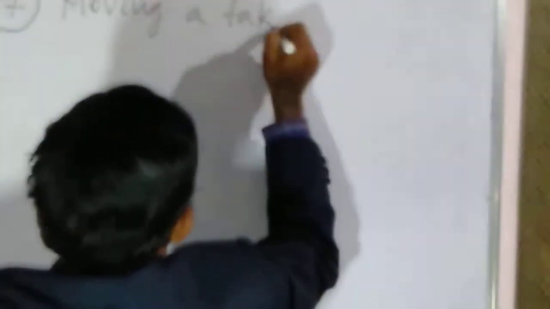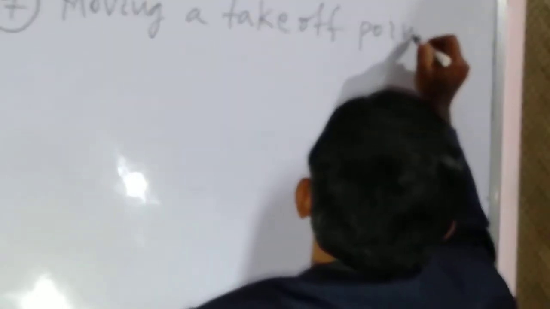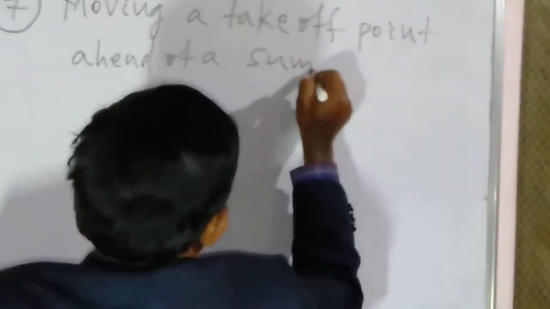So now rule number 7, that is moving a takeoff point ahead of a summer.